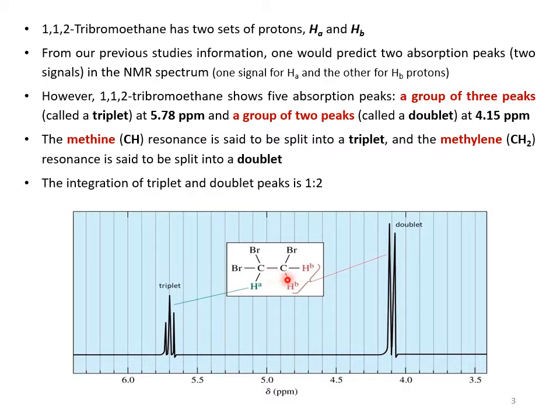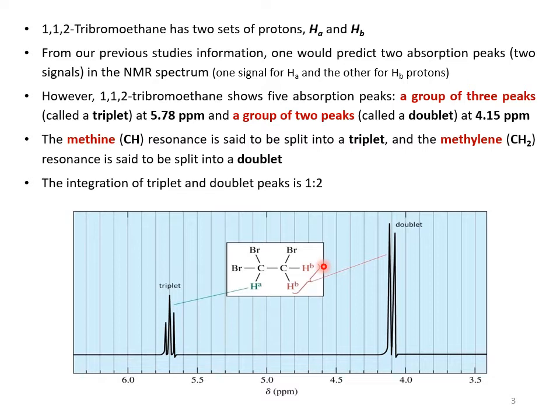Since there are two distinct sets of protons, we would expect two signals for this 1,1,2-tribromoethane, but practically it is not so. However, the NMR spectrum of 1,1,2-tribromoethane shows 5 absorption peaks.